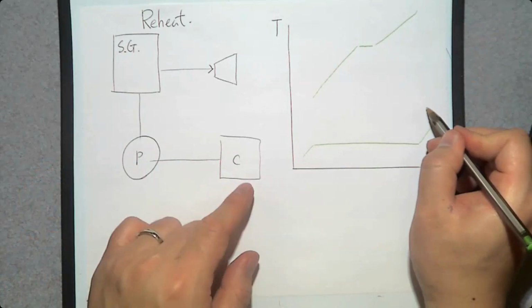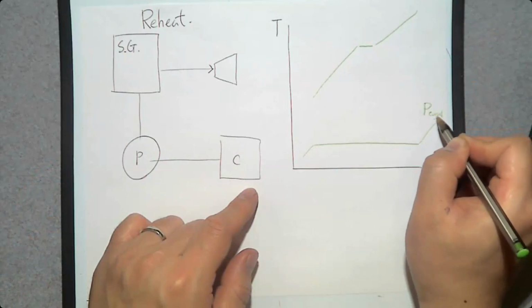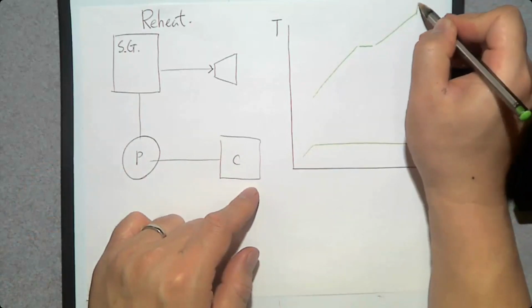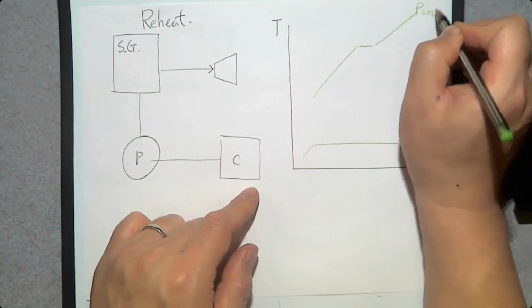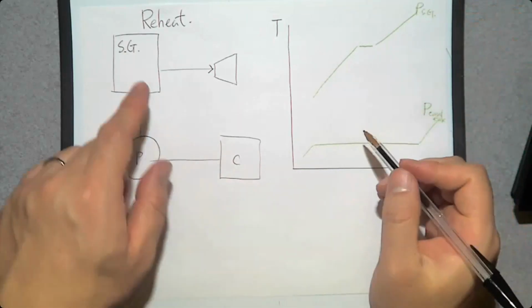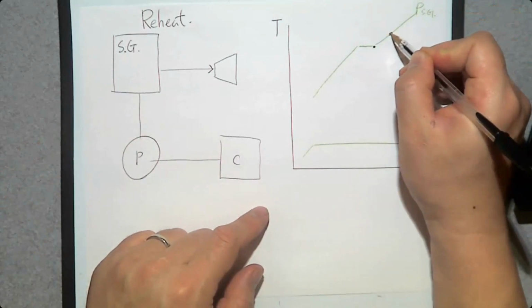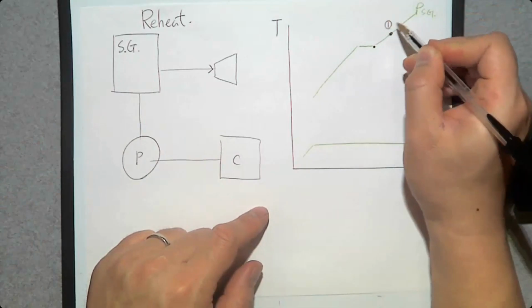So this is the condenser pressure, P of condenser, and P of steam generator. So we have what? Superheat vapor, not saturated vapor, superheat vapor. So that's the starting point.